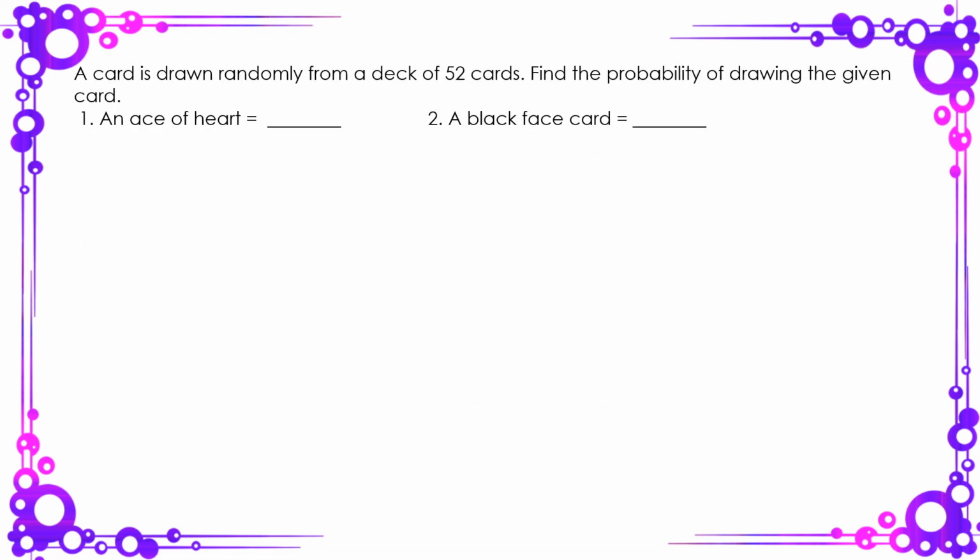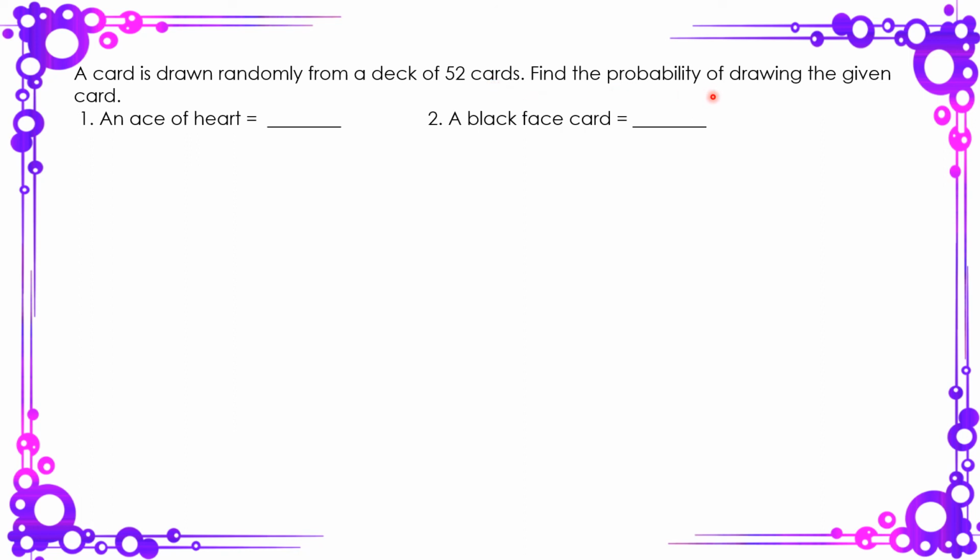Let's have another example. A card is drawn randomly from a deck of 52 cards. So we all know that in a deck of cards, we have 52 cards: 13 pieces for flower, 13 pieces for spade, 13 pieces for diamond, and 13 pieces for heart.